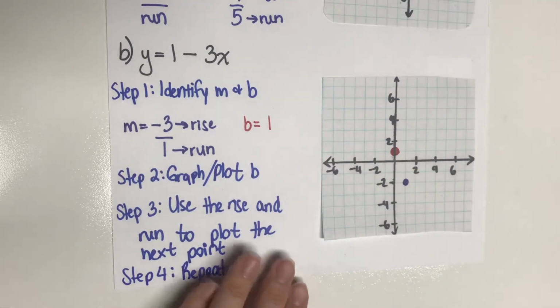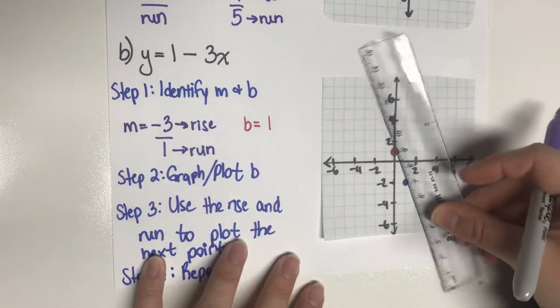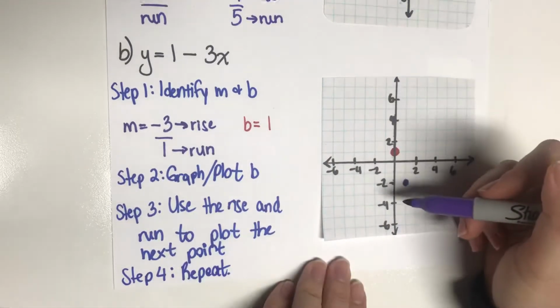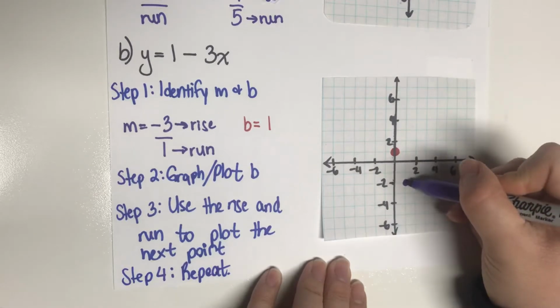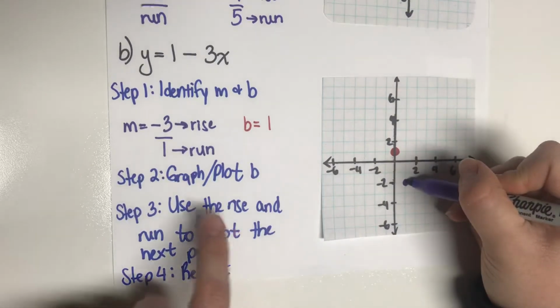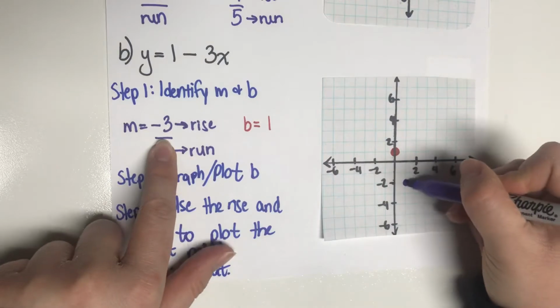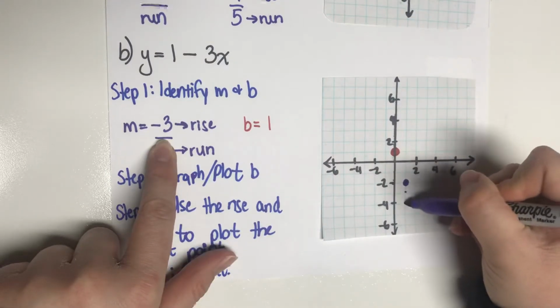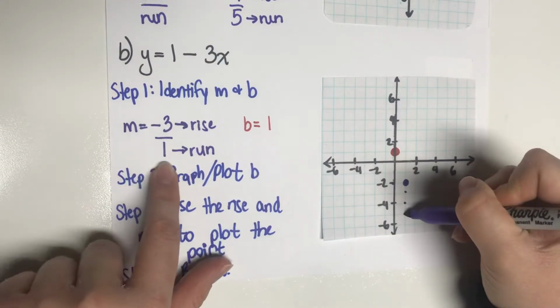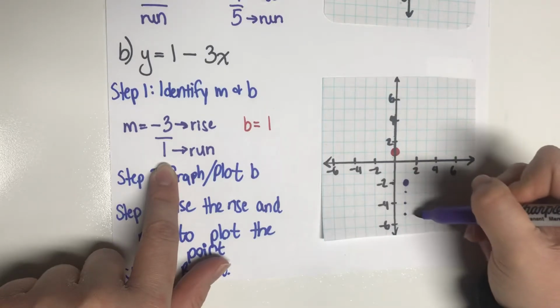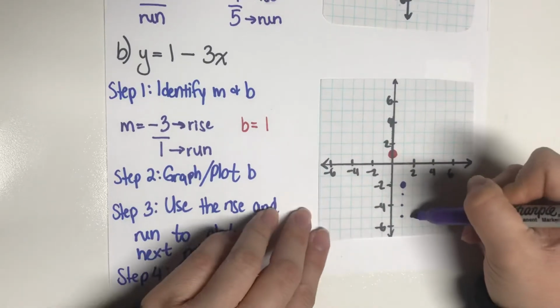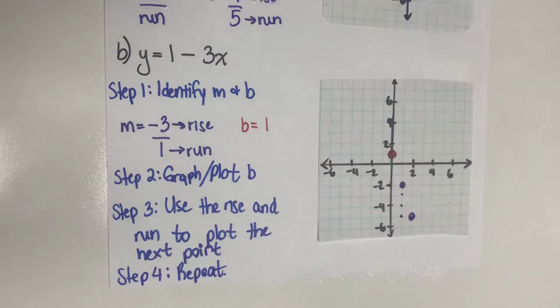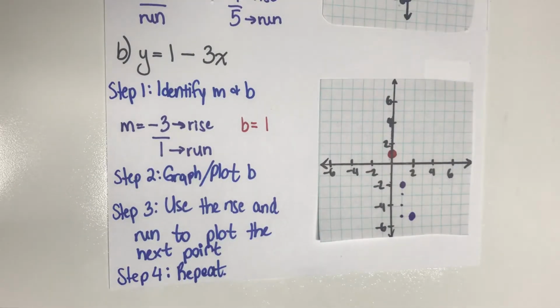So there's less of a chance of me making a mistake with my ruler and not putting it down properly. So from this coordinate now, I'm going to rise -3. So I'm going to go down 1, 2, 3, and then I'm going to run 1 to the right. And then I'm going to connect the dots.